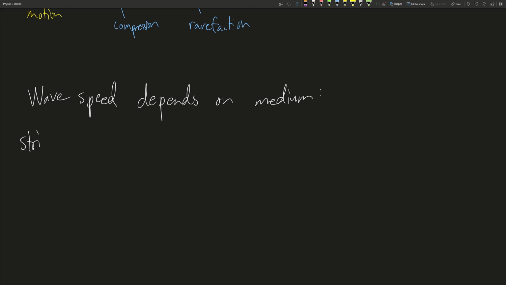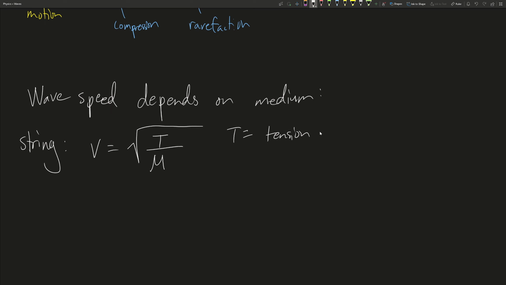For a string, the speed of a wave is equal to, so v is equal to the square root of T divided by mu. And T here is the tension that the string is pulled at.